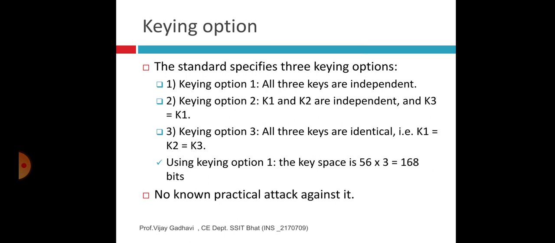Key space is 56 multiplied by 3, whereas in double DES it is multiplied by 2. So key space is 168 bits. There is also no known practical attack against it.